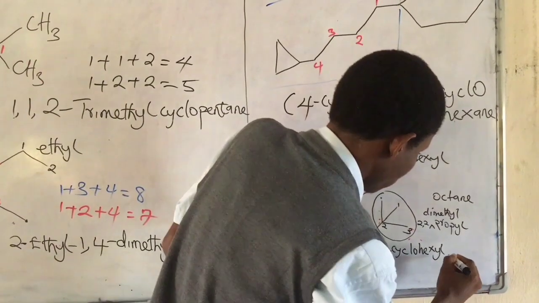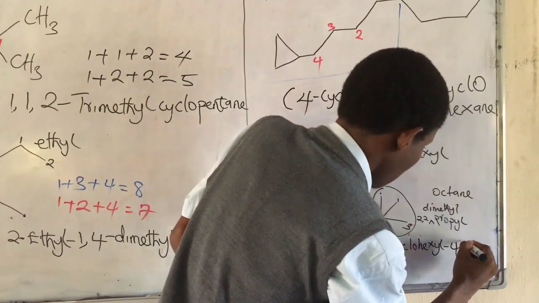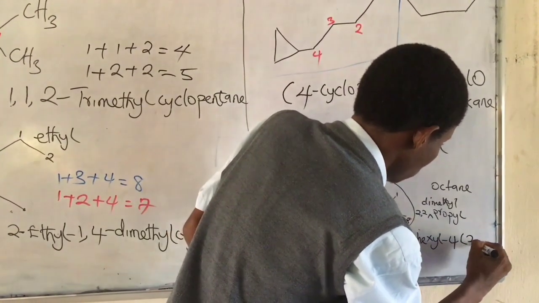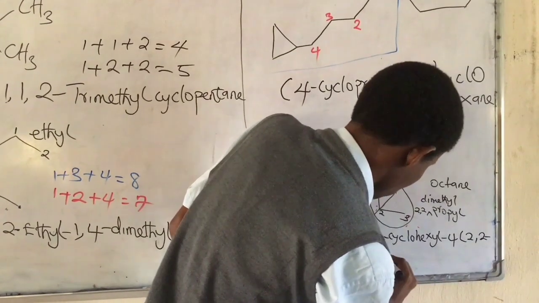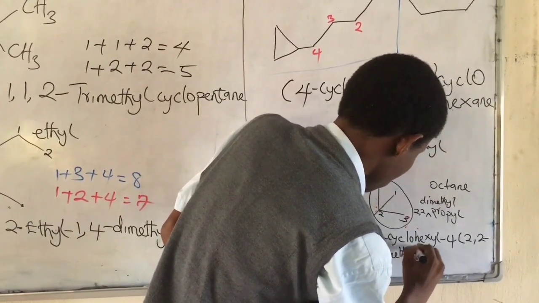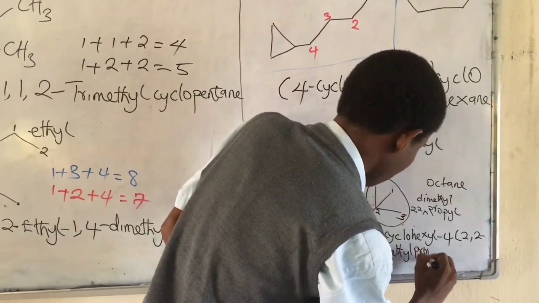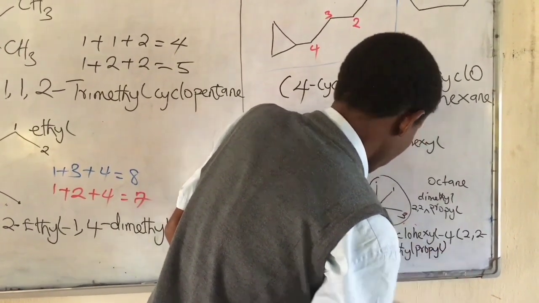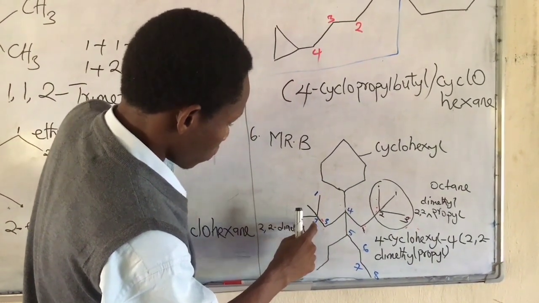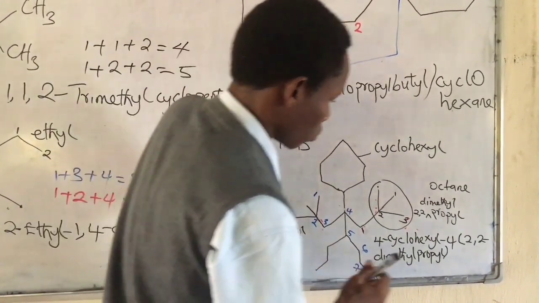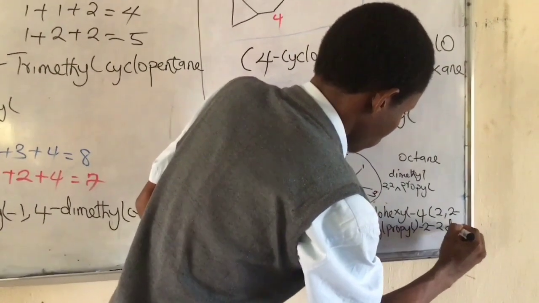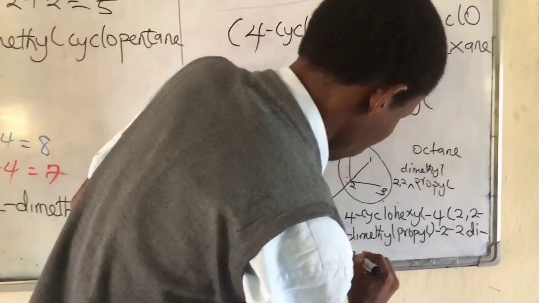Open a bracket. 4 also, bracket 2,2-dimethylpropyl. We close our bracket. Let's go to the next substituent, which is this. We have 2,2-dimethyl also.